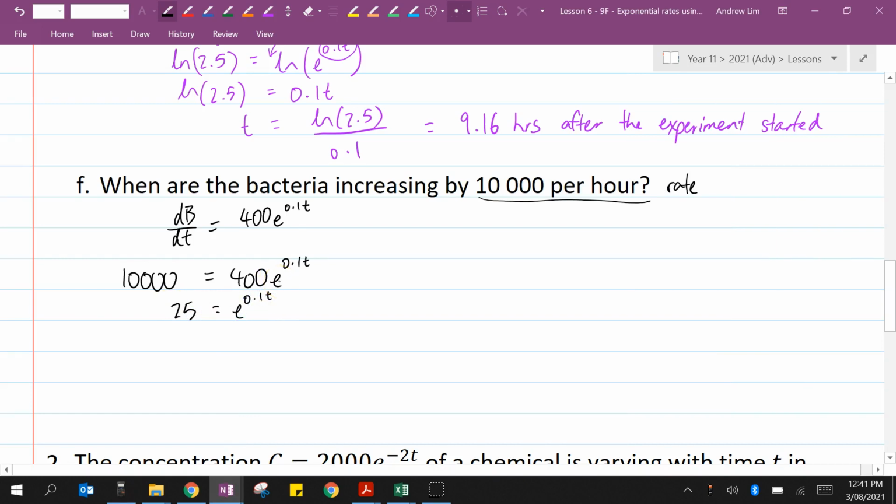I'm going to take the natural log of both sides, so ln of 25 is equal to 0.1 t. Okay, so I skipped a step here, because when I take the natural log, I can bring down the power, and ln of e is just 1, so it's just 0.1 t times 1, which is just 0.1 t. And therefore, t is equal to ln of 25 divided by 0.1.